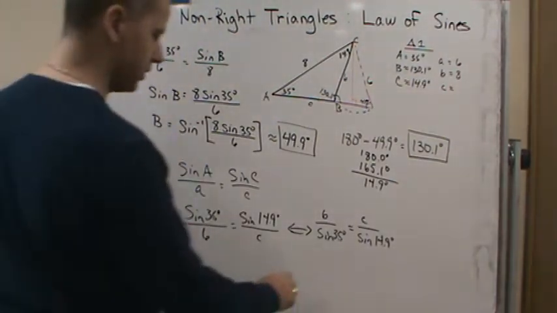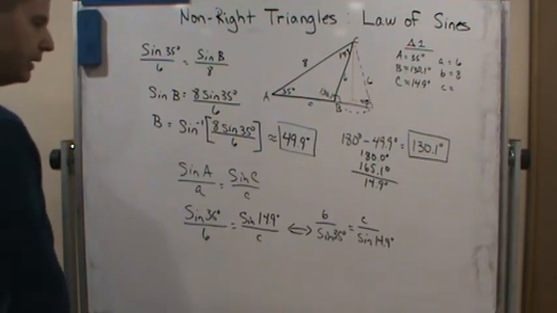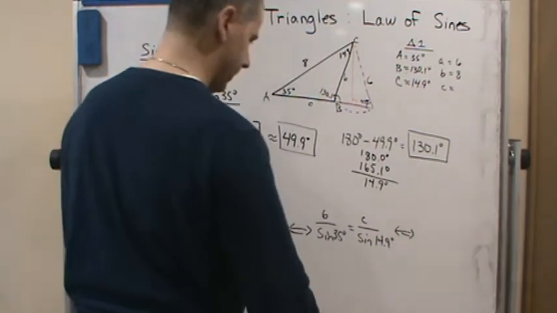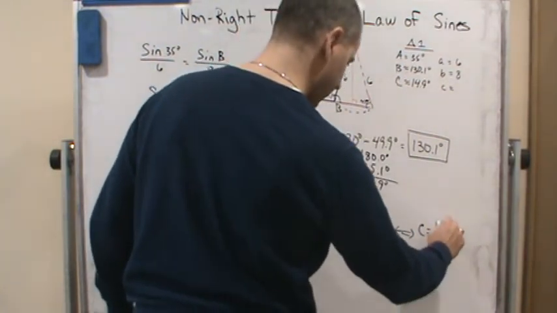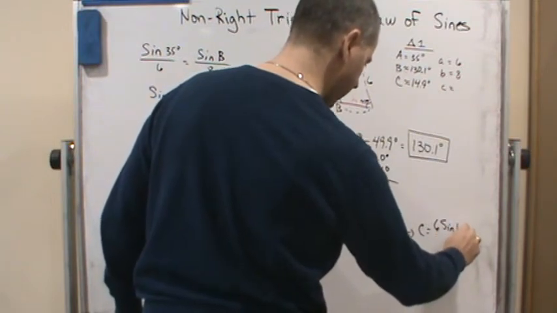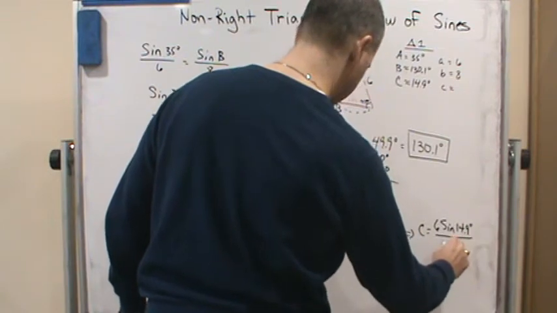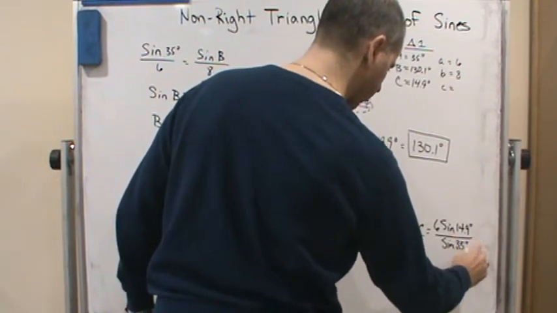Then all I have to do is multiply both sides by sine of 14.9 degrees, and I end up with C equal to 6 times sine of 14.9 degrees divided by sine of 35 degrees.